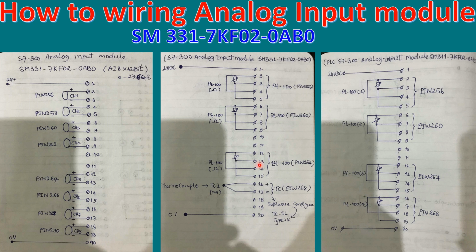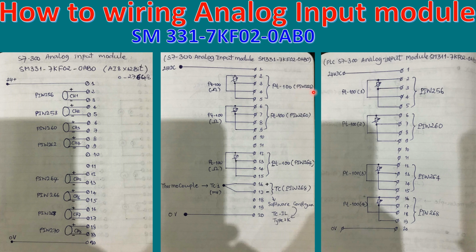Okay, and here is option number 2. If we select TC, thermocouple, we can connect like this, using only 2 terminals. Yes, and the address is not the same as with volt and current.